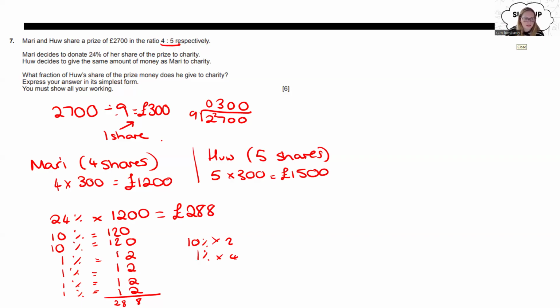And Hugh has shared the same amount of money. So Hugh has also shared 288. What fraction of Hugh's share, so this is the charity, and Hugh's share is going to be at the bottom of it, so the 1,500, because that's Hugh.